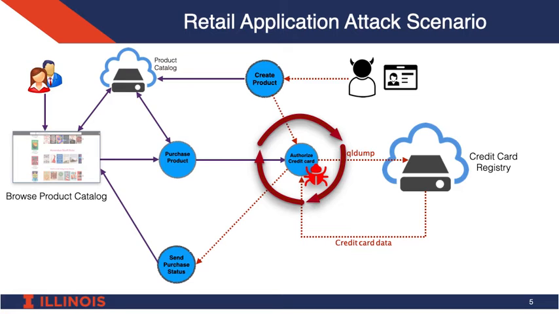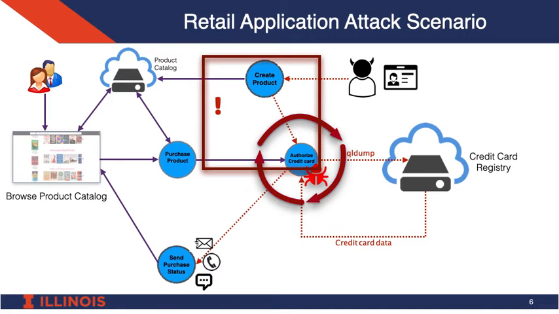In spite of the strong RBAC policies in place, the stolen data can be laundered through the downstream functions like send purchase status, which can publish the stolen data to the website, or can leak the data through legitimate platform APIs like email, phone, or message that it might have access to for its operations. The point to be noted here is that the attack is possible because of flow violation.